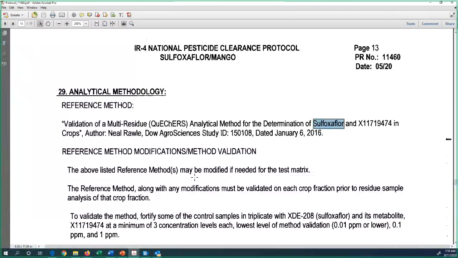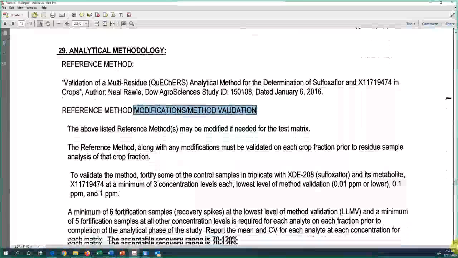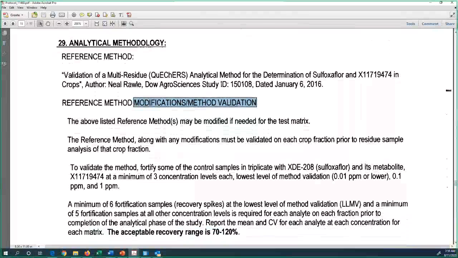Okay. So, well, here the protocol says, can you make the modification? Can you make the change? And what's the method validation? Okay, now we need to talk about the previous question that was just asked a few minutes ago. So what is the method? Okay, in this case, we have this called reference method.